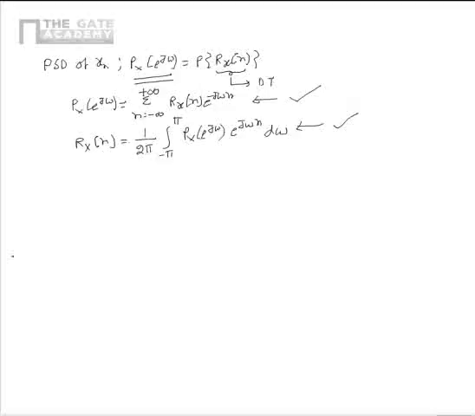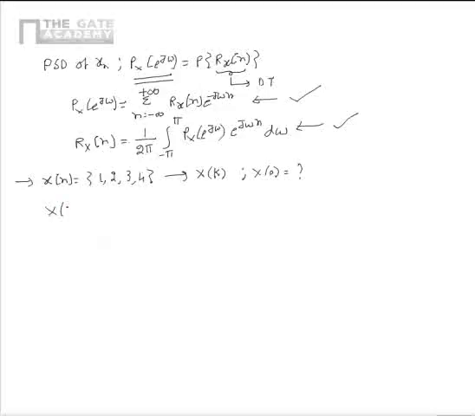Now, let us look into some examples related to DFT, FFT, and PSD, that is the power spectral density function. Let us consider a signal x[n] equal to 1, 2, 3, 4. If the DFT of the signal x[n] is given as X[k], find X[0].